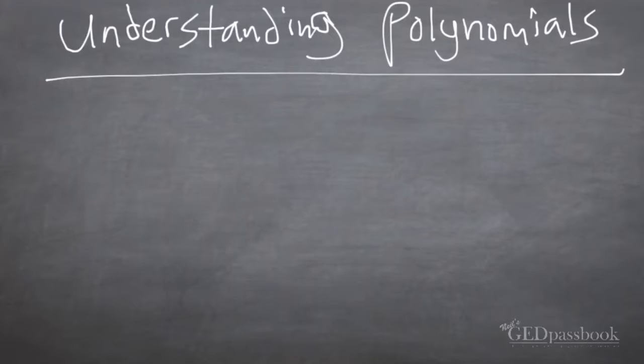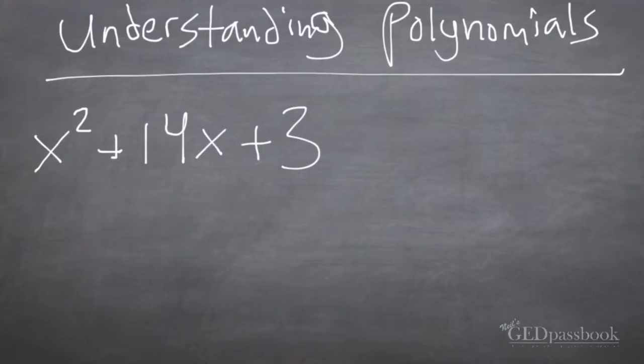And this is what I mean by understanding polynomials. All right, this is a polynomial. Why? Because there's many terms in here. You have variables. Okay, you have an exponent. And you even have numbers, right? It's a polynomial because there's many parts to it.